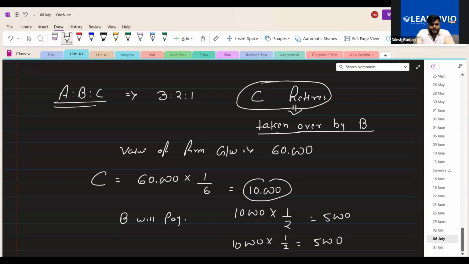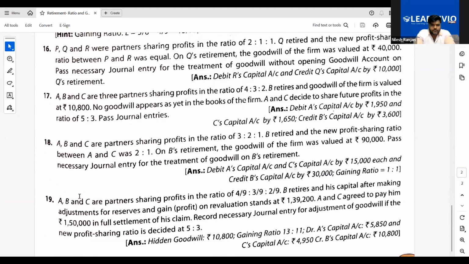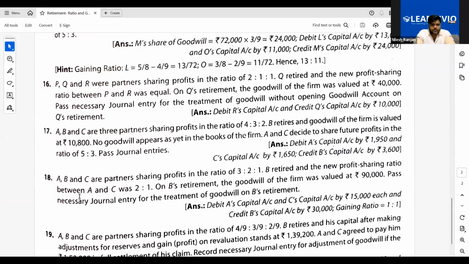Okay, so let me solve a question for this. Question number 18. A, B, and C are partners sharing profit in the ratio of 3:2:1.